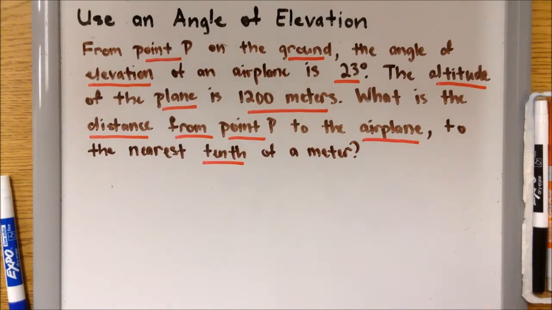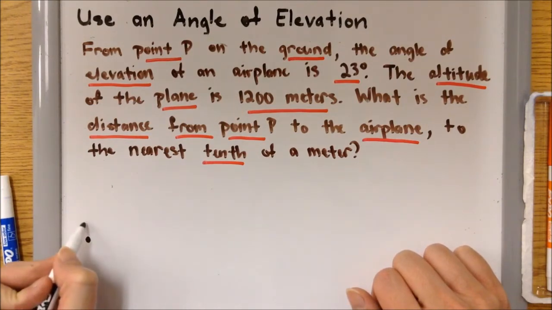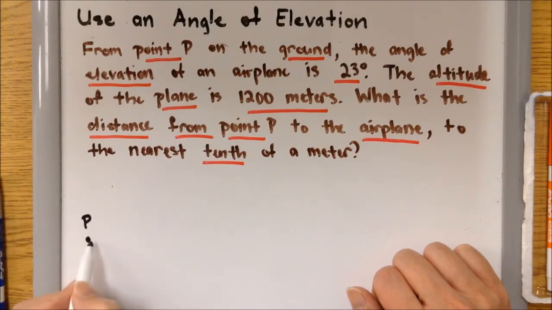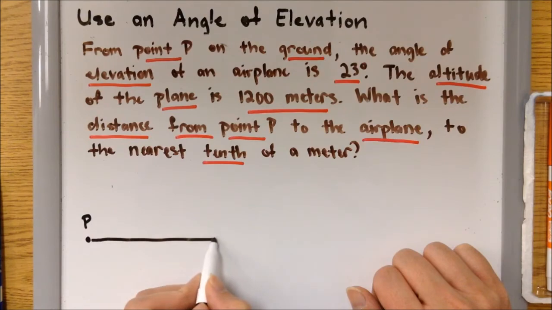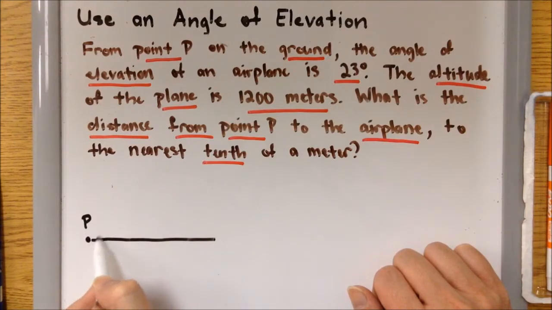So, using the information I highlighted, from point P on the ground, so point P, that's our point on the ground. So if it's on the ground, here's our horizontal ground. So at the angle of elevation, that means it's going to be above the ground.